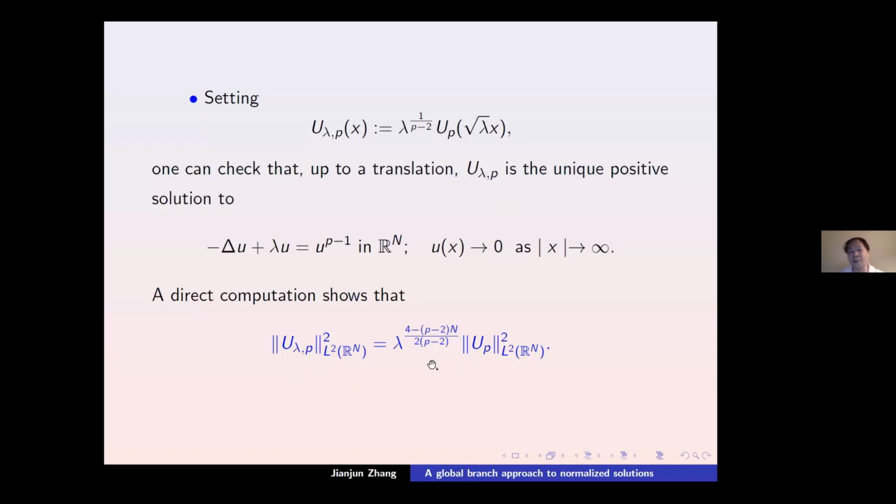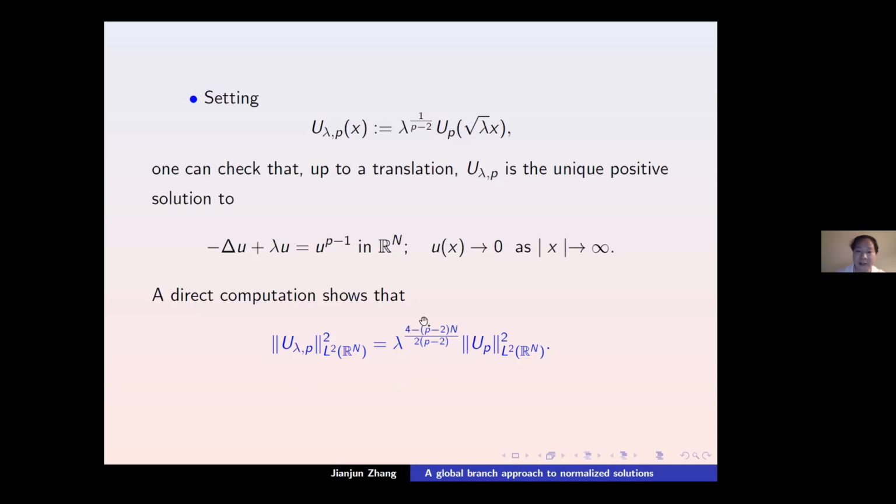From this quantity, we know if this exponent is positive, we can show that as lambda goes to 0, the mass of U lambda p goes to 0. If lambda goes to plus infinity, we know the mass of U lambda p goes to plus infinity.